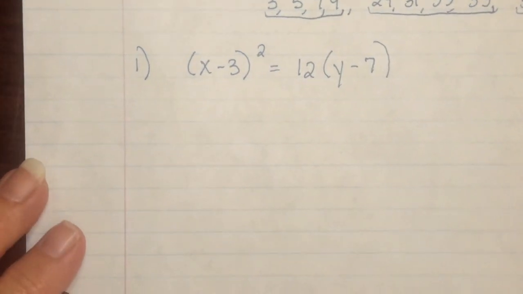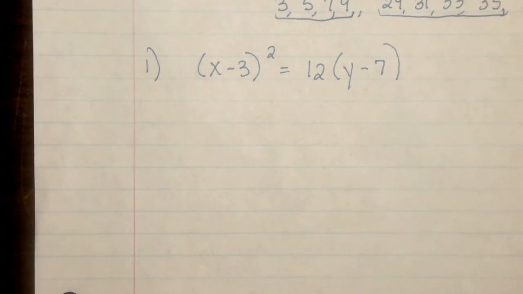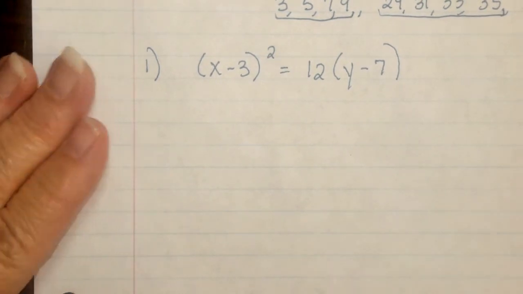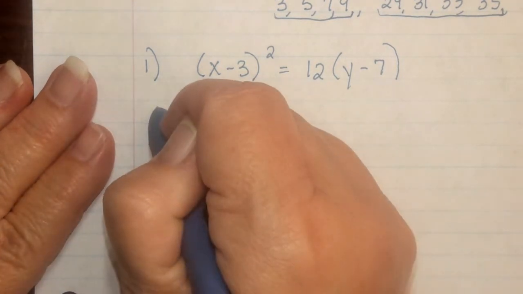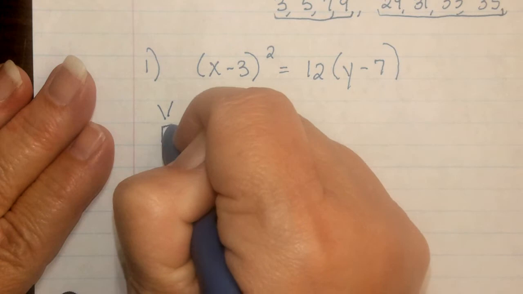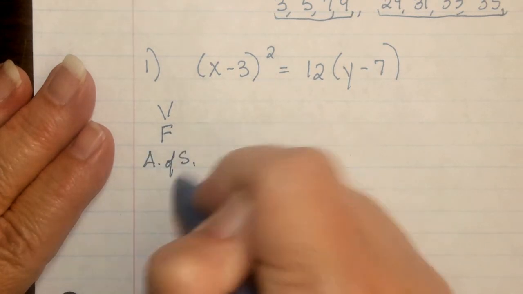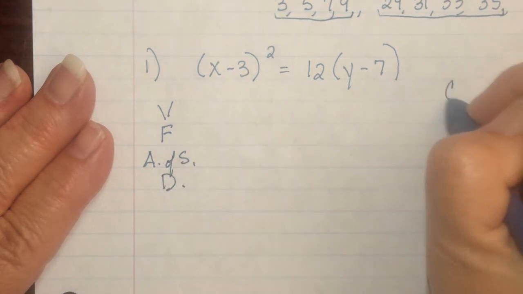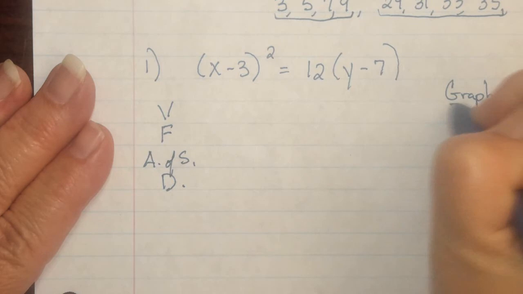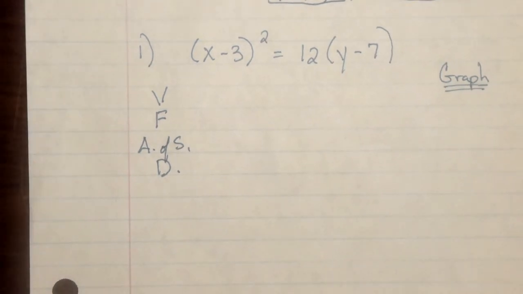Whenever I'm under the dot cam, if it's too small or you need me to zoom in, just shout at me, wave at me. So they give you this equation and they ask you to find the vertex, the focus, the axis of symmetry, and the directrix, and then they want you to graph it. So that's what the instructions say to do.